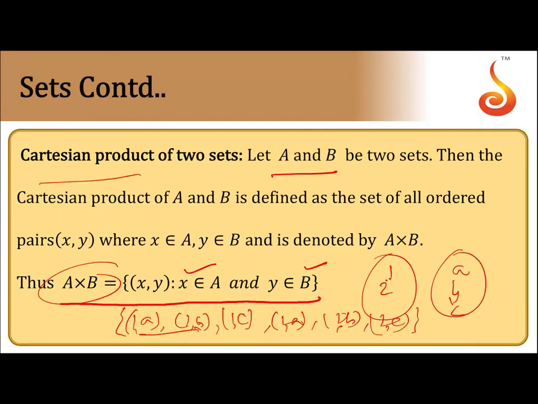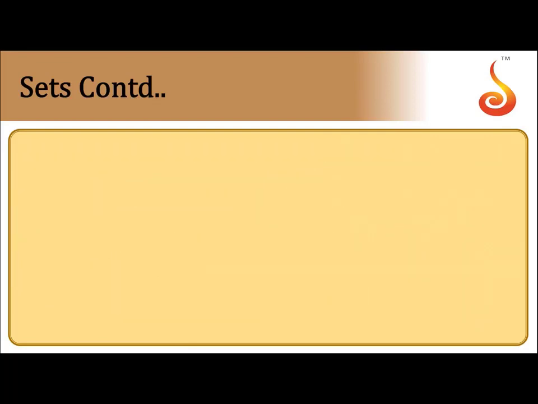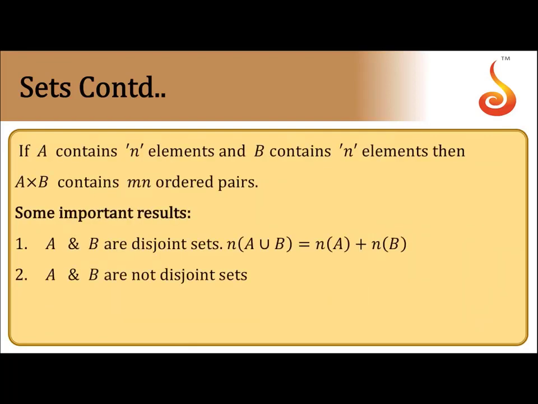That's how we define what we call the Cartesian product. It is denoted by A cross B. Remember that if set A contains M elements and set B contains N elements, then A cross B contains MN elements.